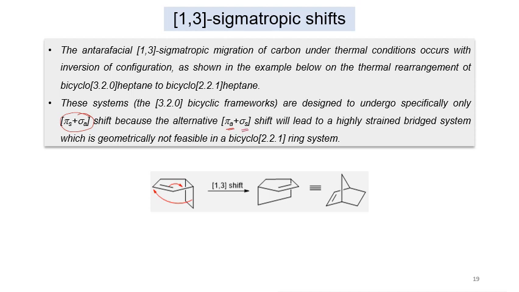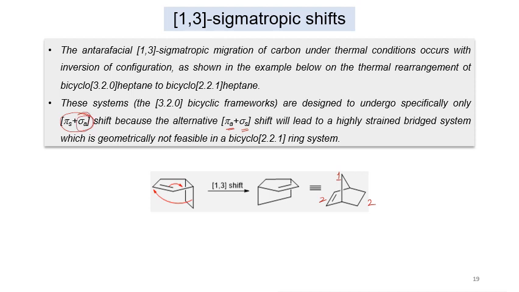But that does not happen in this particular case because it would lead to a highly strained bridged system, which is geometrically not feasible in the 2-to-1 ring system. This is the 2-to-1 ring system. Okay, so that is not feasible. So this clearly tells us that this migration is a 1,3 sigmatropic migration in the antifacial mode with respect to the sigma system.